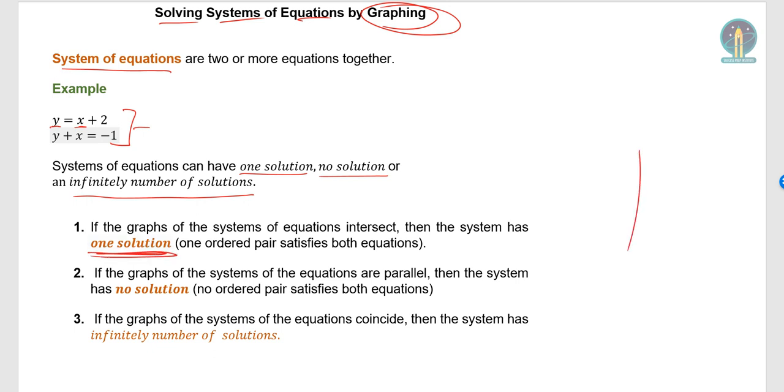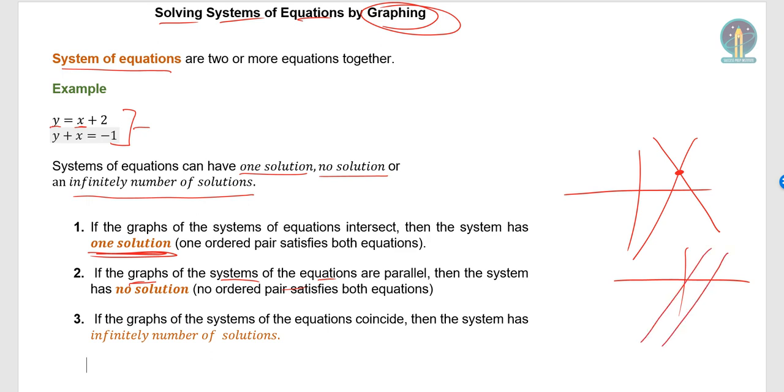So if you have two lines and they cross, this is your solution. If the graphs of the system of equations are parallel, let's say you have two lines, but they're parallel, they never meet, then the system is said to have no solution.